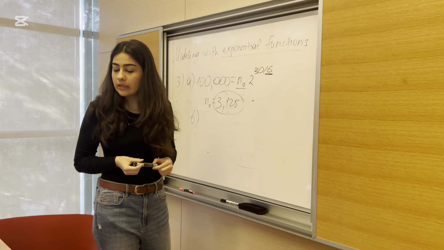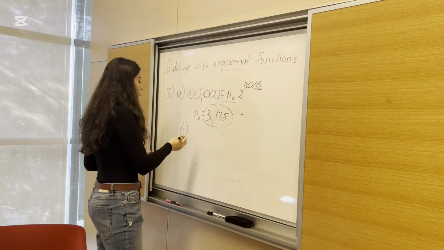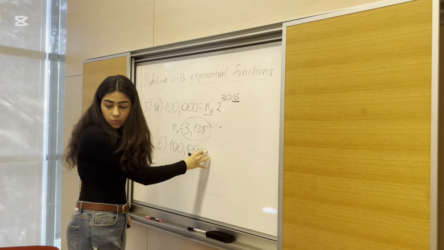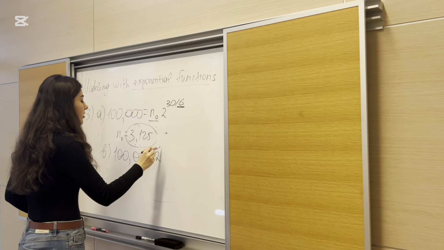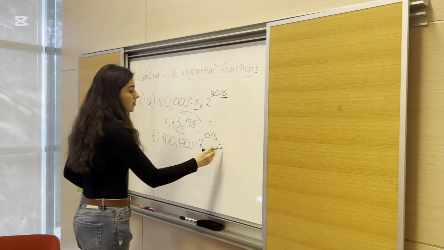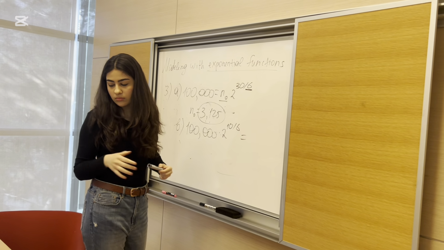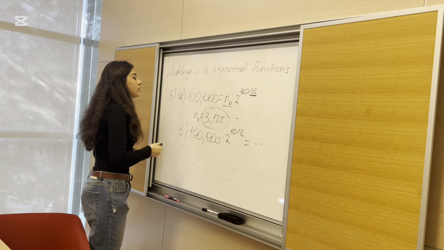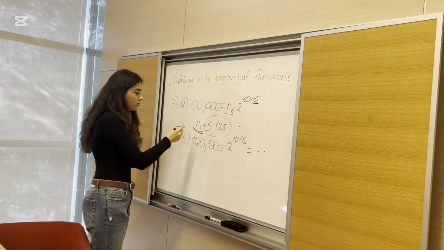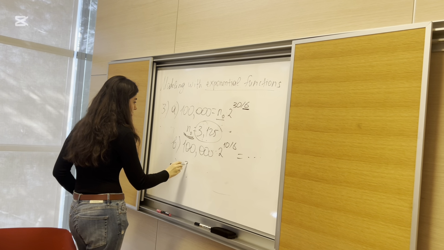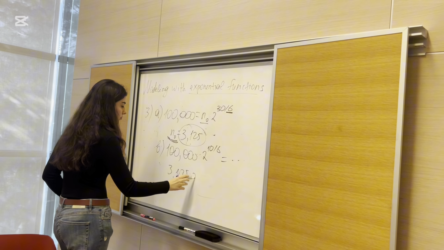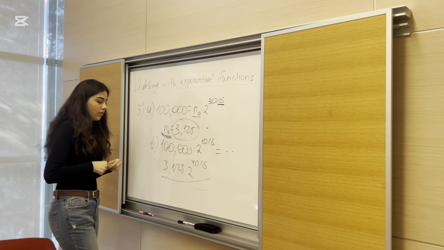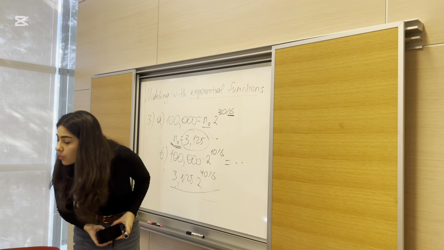You can either write 100,000 multiplied by 2 to the power of 10 divided by 6, and it equals some big number. You can calculate it. Or you can use the initial size of the population and write it like this. It's going to be the same thing.